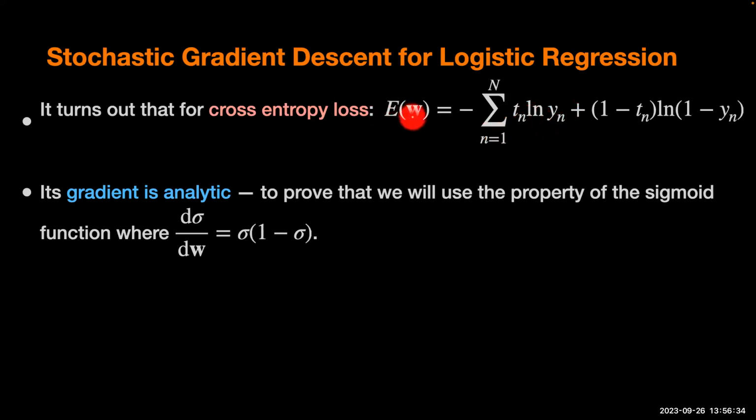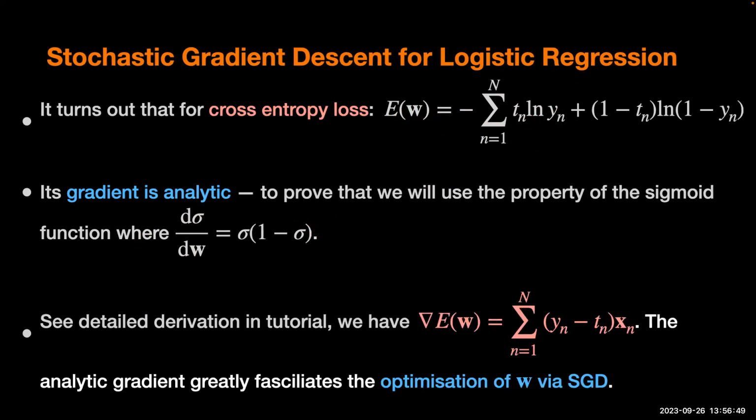So if I do dE/dW, if I do the chain rule, then I have d sigma/dW. And it turns out that d sigma/dW, you can prove that this is true, is just the sigmoid of these terms, which gives you, if you do some high school calculus, a result where the gradient of W is completely analytic.